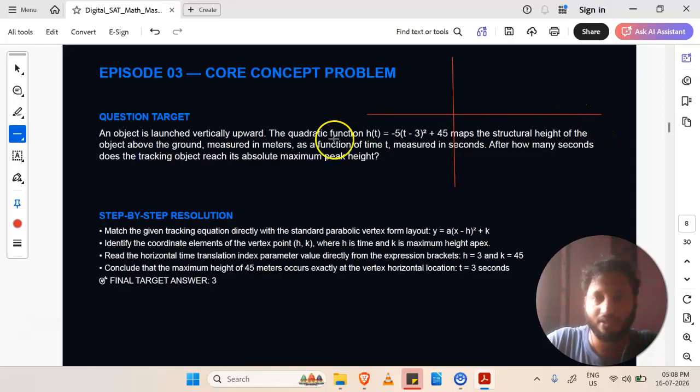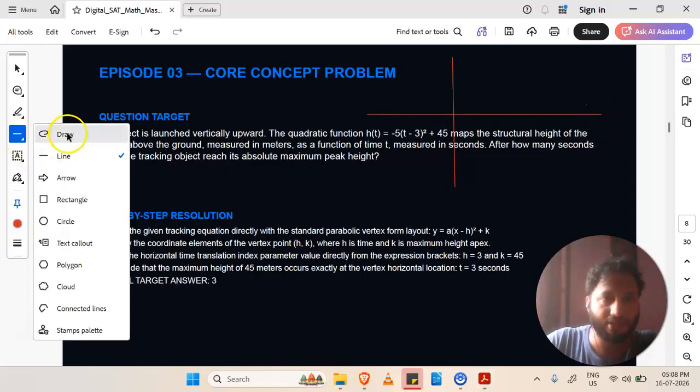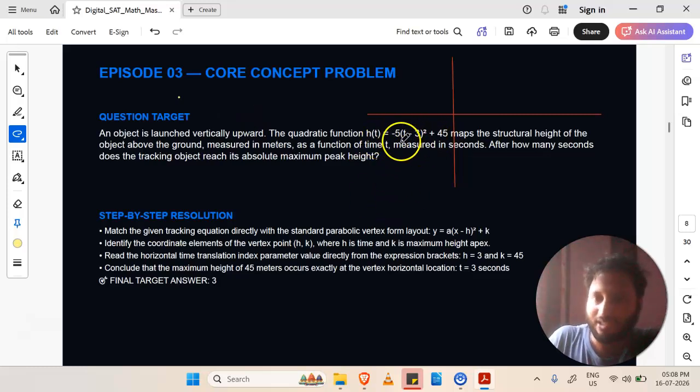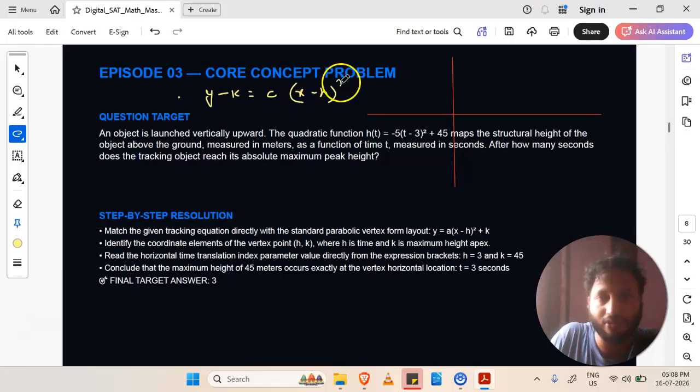So how do I plot this parabola actually? If you look at it, the equation is already given in a very useful format, which is the vertex form of a parabola, y minus k is equal to a constant c times (x minus h) whole square.